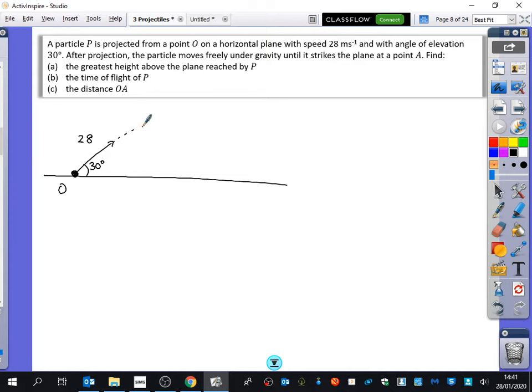So we know that the pathway this is going to trace out is a parabola like this, and it says it strikes the plane at a point A. So when it hits the plane over here, that's the point that we're calling A. We want to find out, first of all, the greatest height above the plane reached by P. So the new thing in this is instead of having the speed, the velocity like this at an angle, we're going to split it into its horizontal and its vertical component. We have 28 cos 30 running along the side, and we have 28 sine 30 running up along like that.